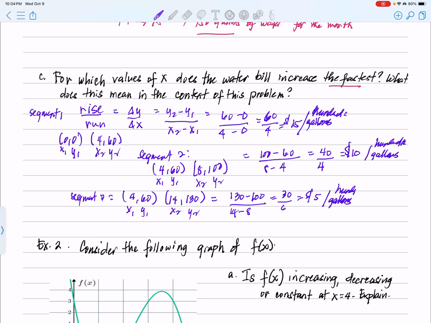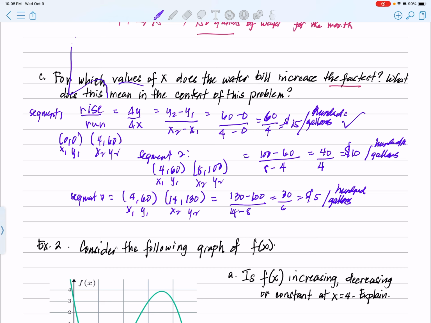So by looking at this, what do we see? We can say that the left segment is in fact the fastest. The first segment is the fastest.